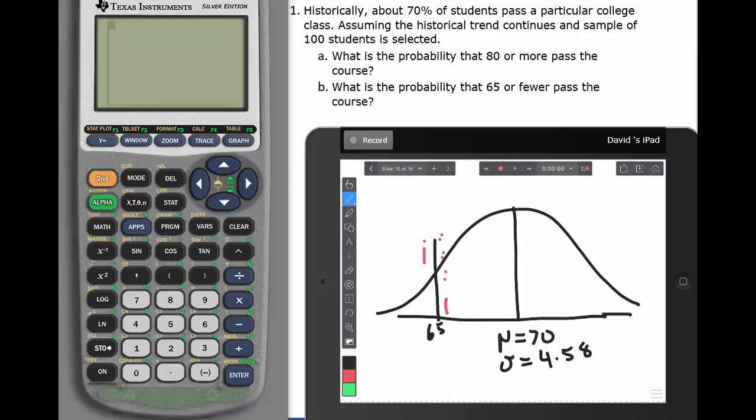It goes from 64.5 to 65.5. So all of that is assigned to 65. Remember, we're using a continuous distribution to estimate discrete probabilities. But we want to have 65 or fewer, so it'll be from the 65.5 down. If it said fewer than 65, then we would go from 64.5 down.